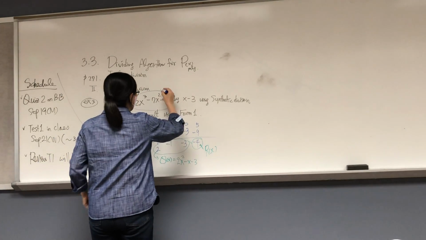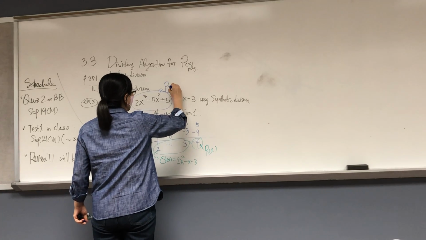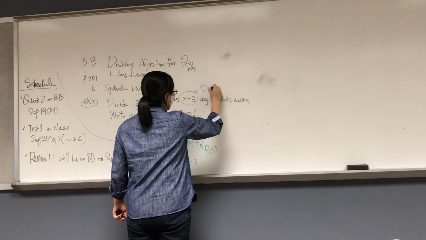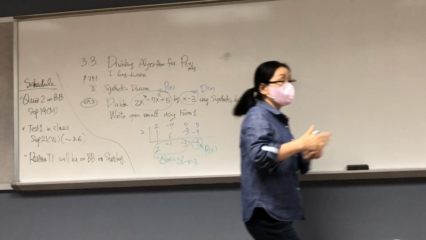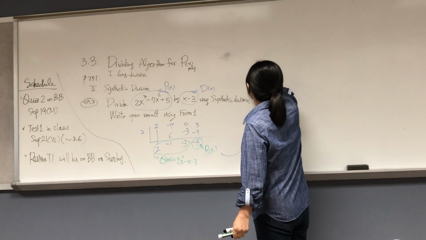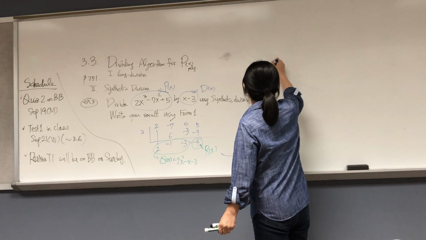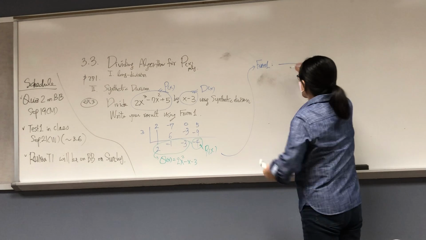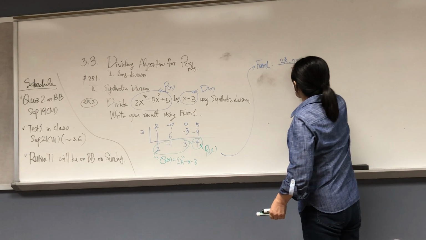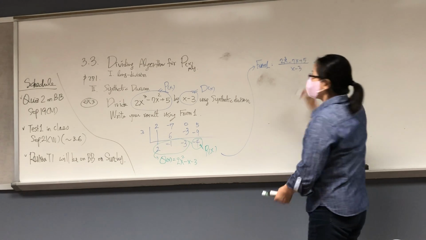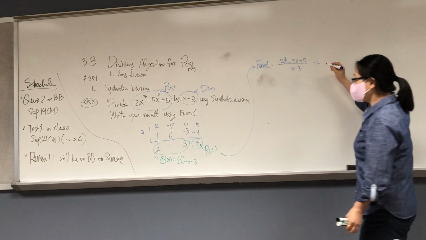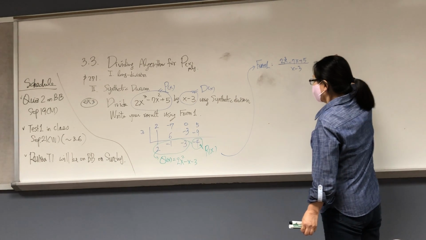Now, to clean up and summarize, by notation this is the dividend and this is the divisor. So by form 1, what is form 1? P of x divided by x minus 3 equals what? The quotient, 2x squared minus x minus 3.